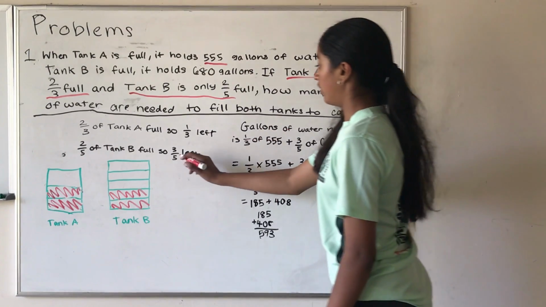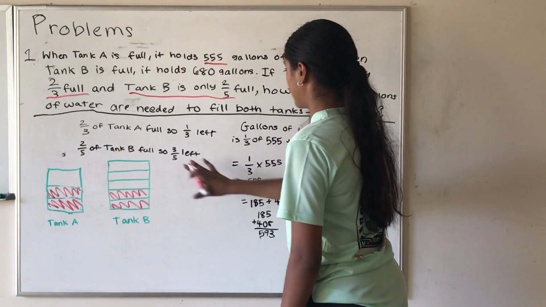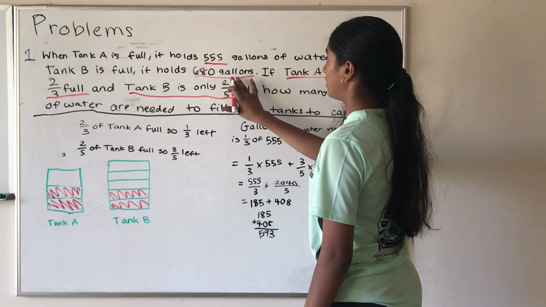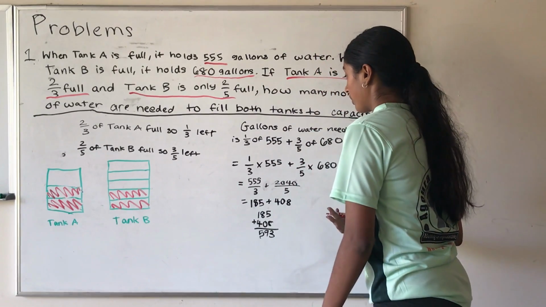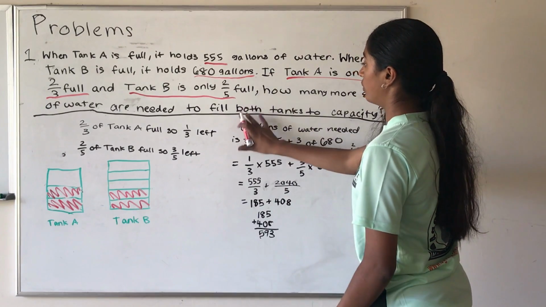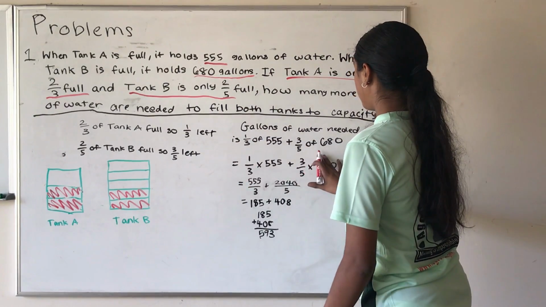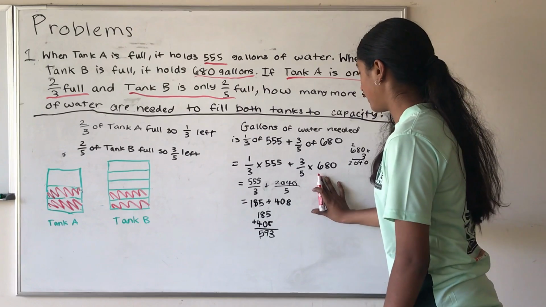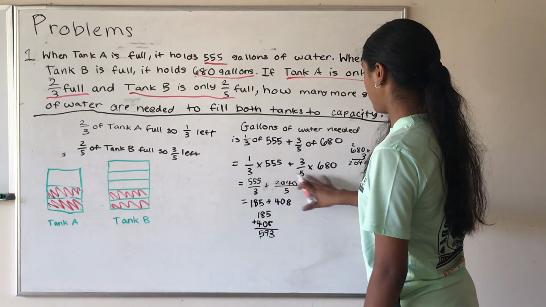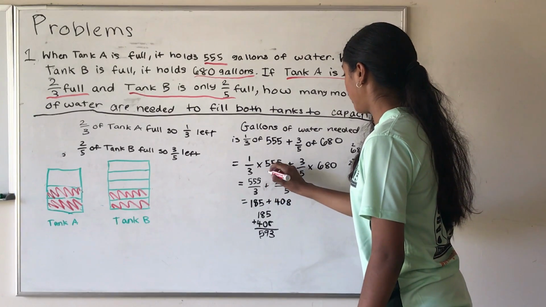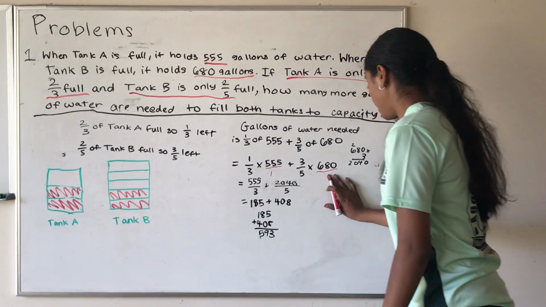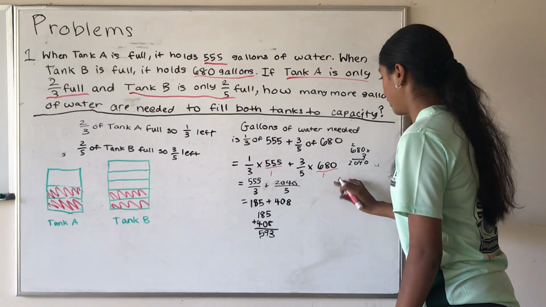And since we know 3/5 of tank B is left empty, and we also know 680 gallons is how many tank B can hold, to find the number of gallons needed to fill tank B up, you would do 3/5 times 680. So then we would multiply the fractions. 555 is a whole number, so it will be over 1. And 680 is a whole number, so it would be over 1.